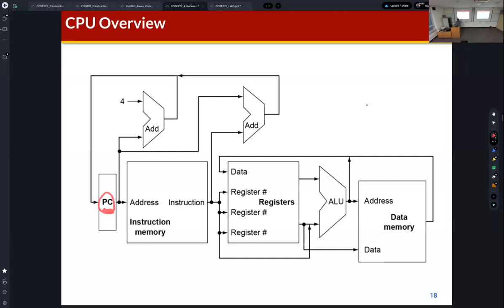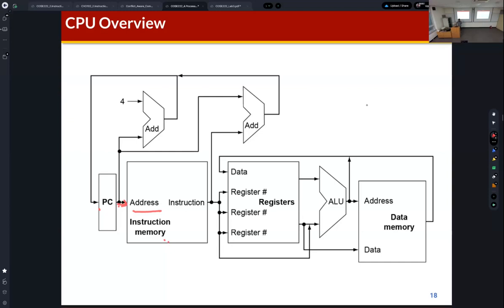This is the PC, and this is the output of the PC, which is the PC value. As you can see, the PC is connected to the address port of the memory, and this memory is called the instruction memory because it has instructions.